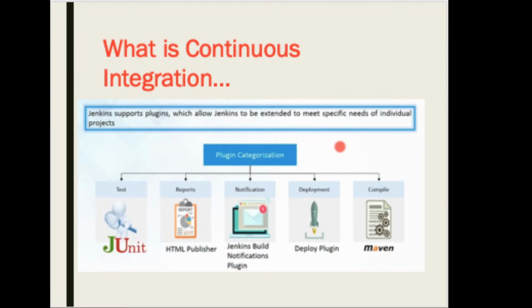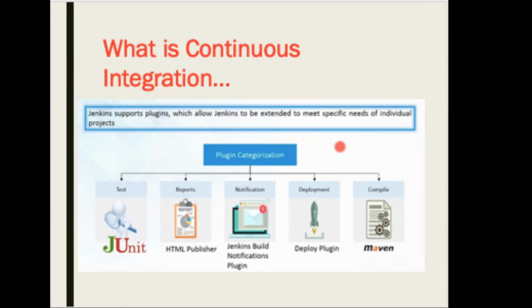Whenever I talk of plugins, I told you there are thousands of plugins in Jenkins. Jenkins supports all of these plugins. So how do I look at what kind of plugins are available in Jenkins? There is something called the plugin categorization.